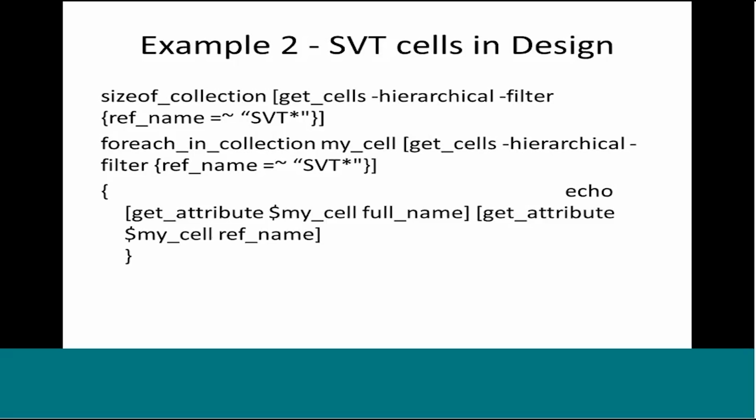I can write a foreach loop on this and echo the get_attribute of my cell full_name, which will write out the full instance path. The second get_attribute writes the ref_name. We'll see some examples of attributes.